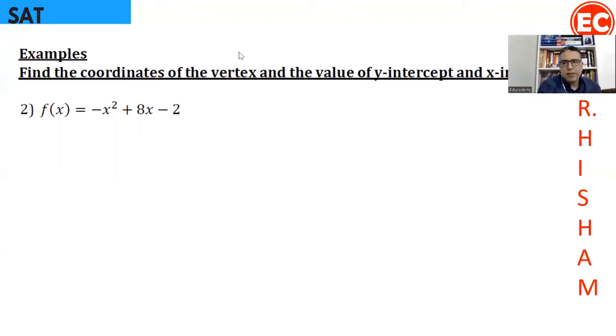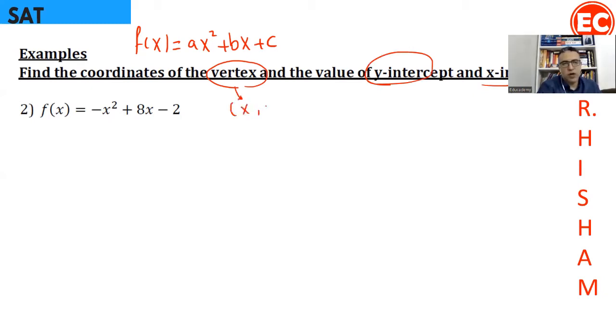Regarding the second example, we're still working with the first form of the quadratic function, ax squared plus bx plus c. I wanted to find the vertex, the y-intercept, and the x-intercept. The vertex is (x, y), where x is equal to negative b over 2a, and y is equal to f of negative b over 2a.